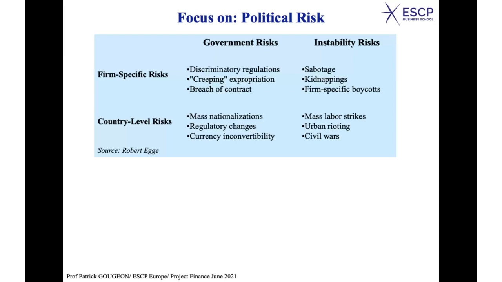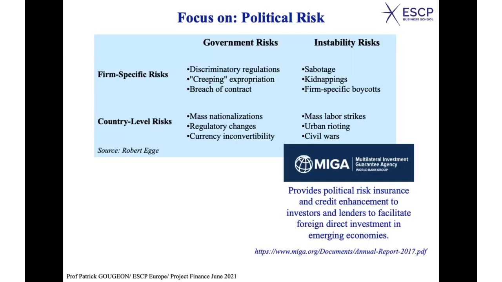The answer is yes. Again, you have insurance. Particularly for investment in emerging countries and rather unstable emerging countries, you have MIGA, which is a subsidiary of the World Bank. The Multilateral Investment Guarantee Agency provides political risk insurance and credit enhancement. You remember what credit enhancement means?